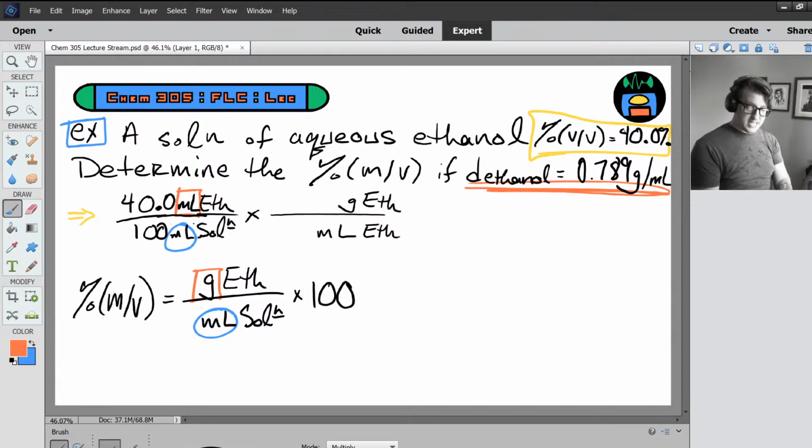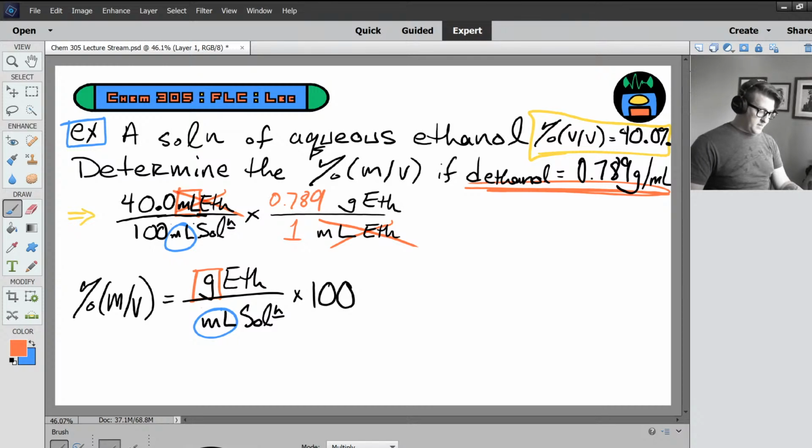The density tells us that there are 0.789 grams of ethanol in 1 milliliter. So if we multiply this expression by the density, grams over milliliter, milliliters of ethanol cancel, and now we're ready to crunch our numbers.